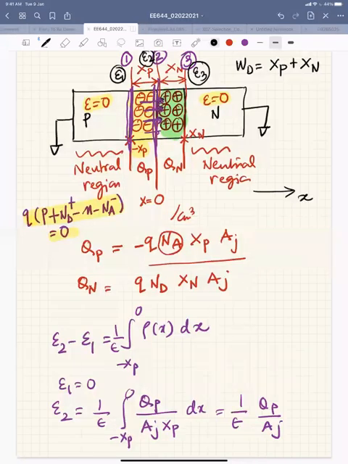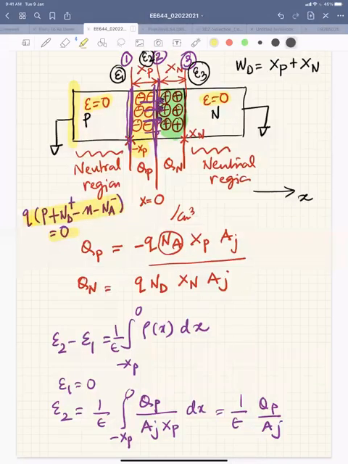So you could write the Gauss law. What I'm interested in is how the electric field varies if I go from left to right. On the left hand side, if I go from this metal contact to the edge of the depletion region, there is no electric field because there is no charge.